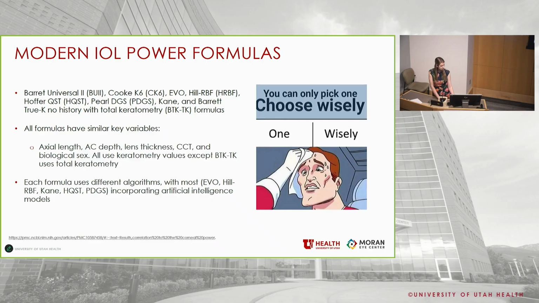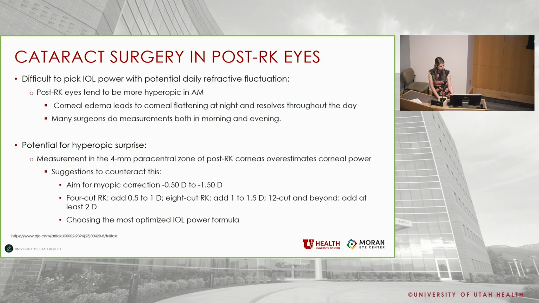Each formula uses different algorithms, and I went into the weeds about this, but the general thing to say is that most of these are incorporating artificial intelligence models. But they all have very different algorithms.